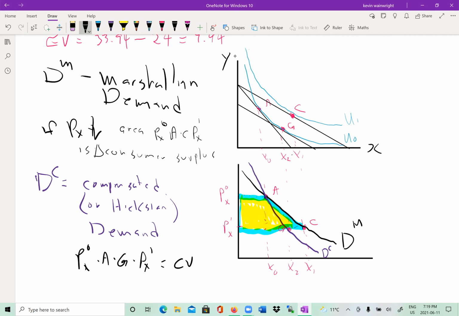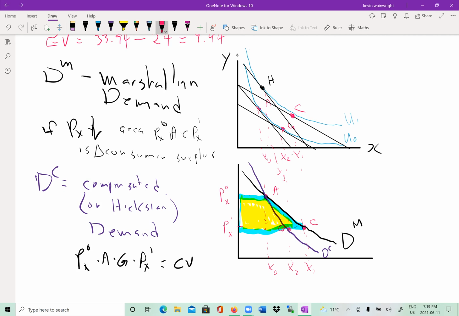If, on the other hand, I was to look at EV, which is the higher, steeper budget line on the new indifference curve, which is up here, right? And at this point, I'll call that H. H gives me X3.